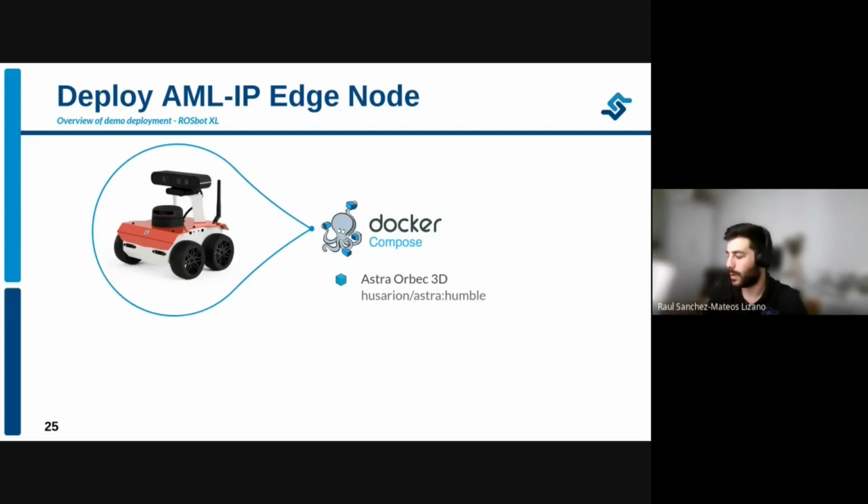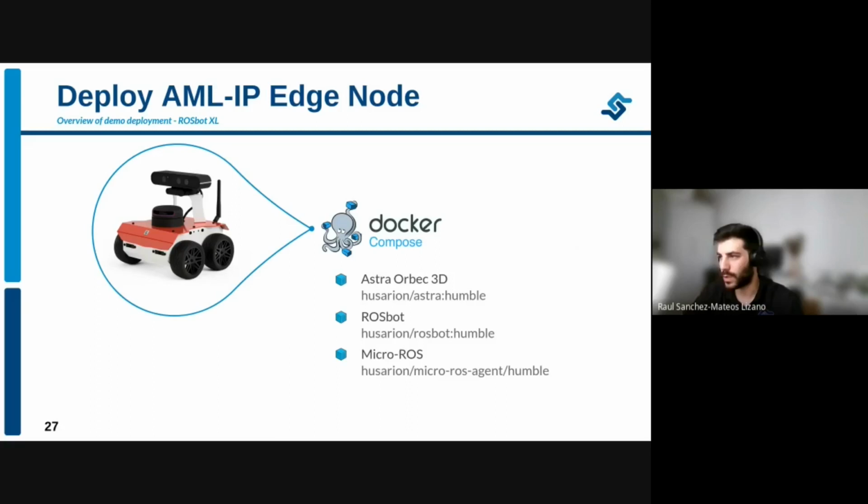Then we have the ROSbot Docker image, same as before, already deployed on Docker Hub. Then the micro-ROS image, also from Husarion, which has the main functionality to communicate the ROS to the ROSbot 2R with the firmware.